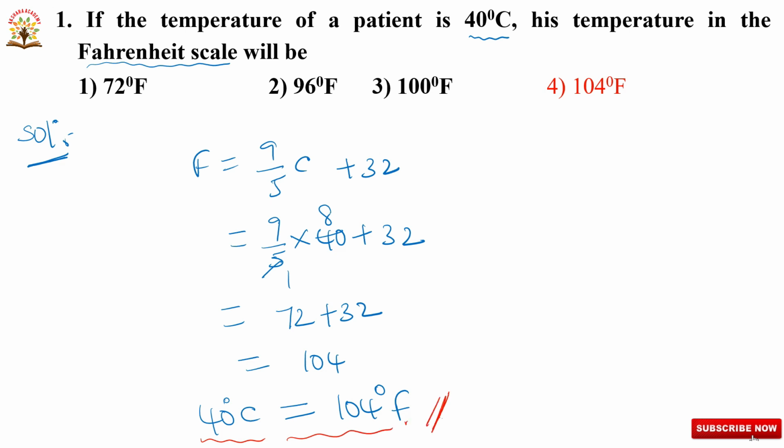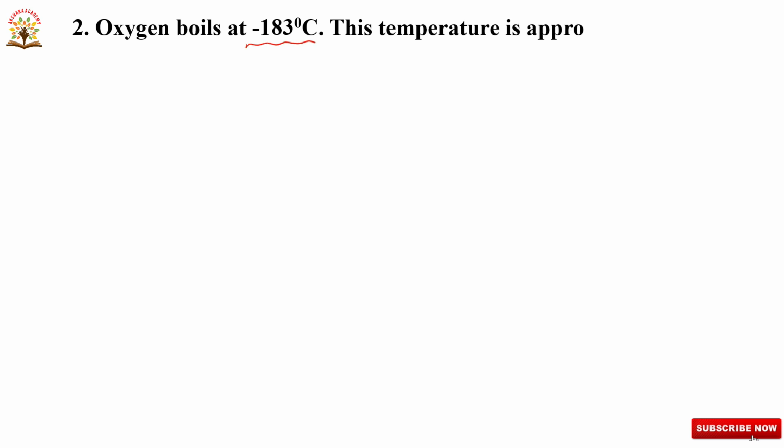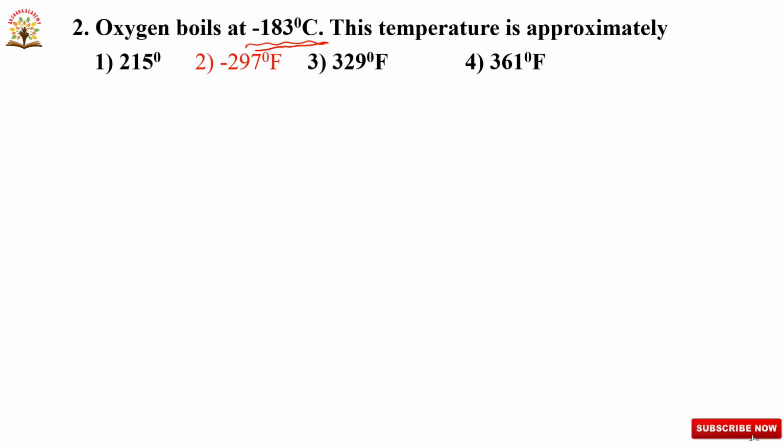Okay. Next we will go to the next question. Second one, oxygen boils at minus 183 degree centigrade. This temperature is approximately, in terms of Fahrenheit, we have to convert minus 183 degree centigrade. Let us go to the solution.